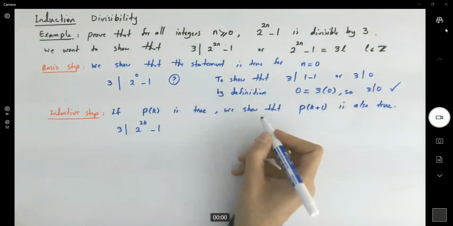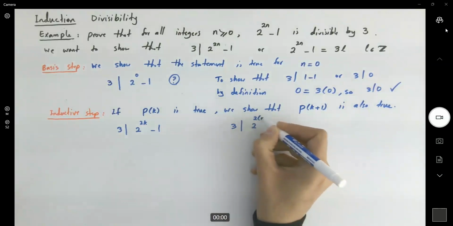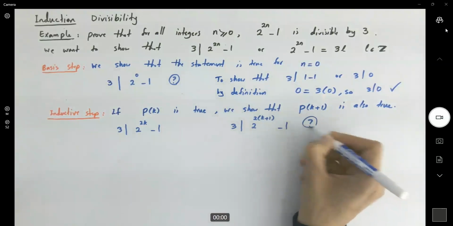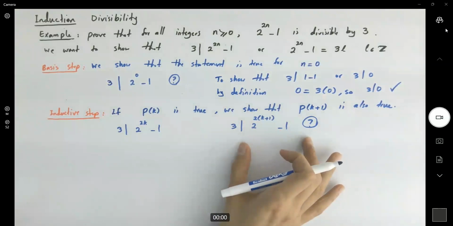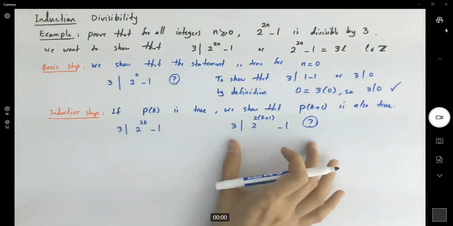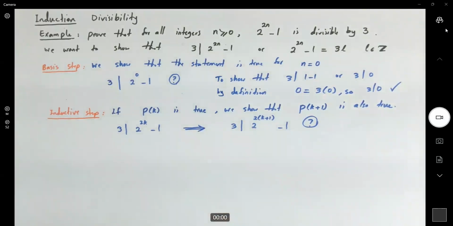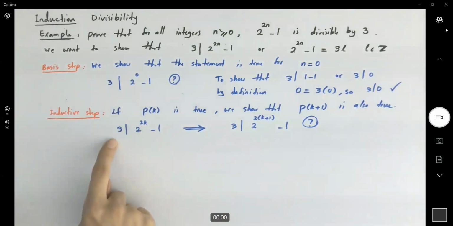So we try to show that 3 divides 2 to power 2k plus 1 minus 1. Put a question mark. This is what you try to prove. If this guy is true, you want to show this is true as well. Somehow I have to use this, that 2 to power 2k minus 1 is divisible by 3.